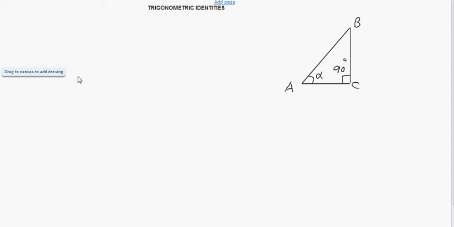From this right angle triangle, the trigonometric ratio sine alpha is the opposite side BC divided by the hypotenuse AB. And let these sides be a, b, and c for hypotenuse.